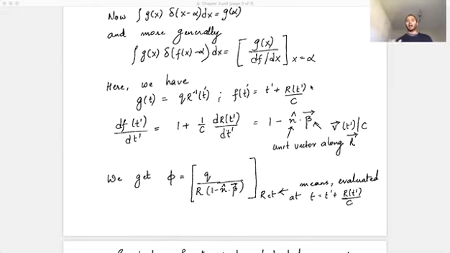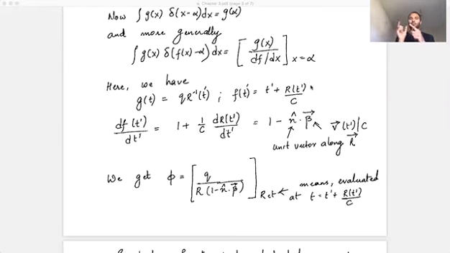So notice that r is basically the distance between the charge and the observer. And you're asking what is the speed at which that distance is changing. That's just the velocity of the charge projected along the line joining the observer and the charge, right?